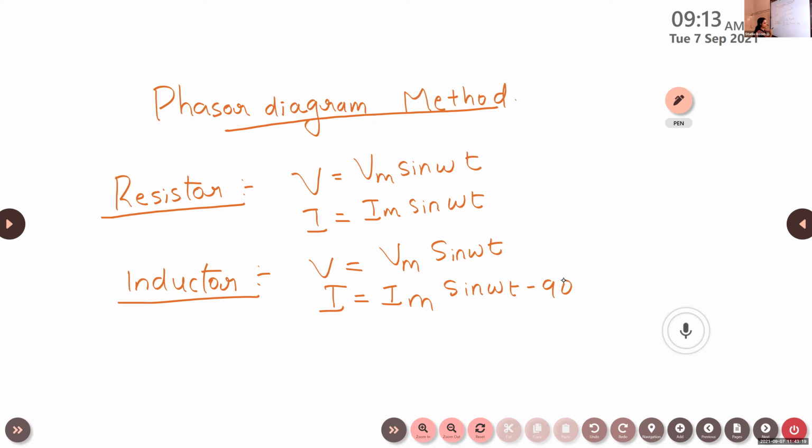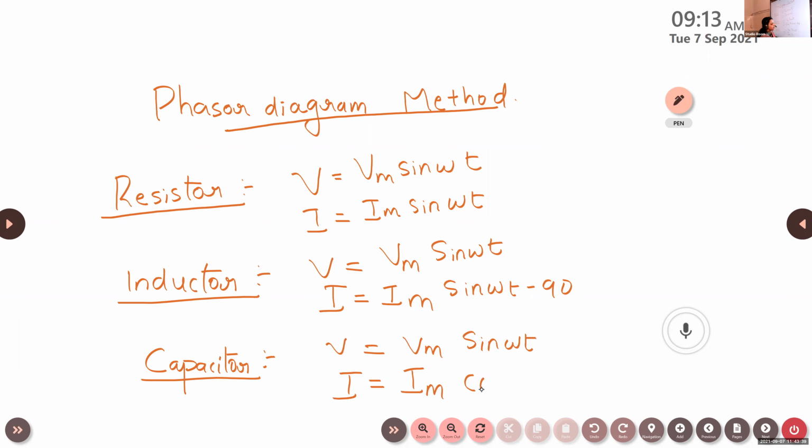Then what about in the case of capacitor? V is equal to Vm sin omega t and I is equal to Im sin omega t plus 90.